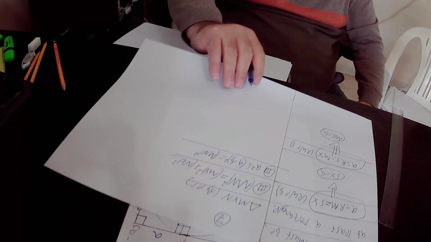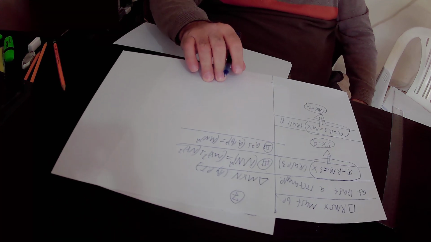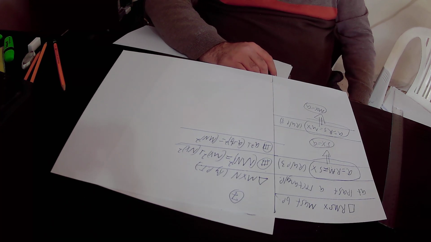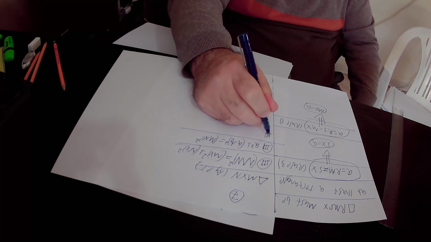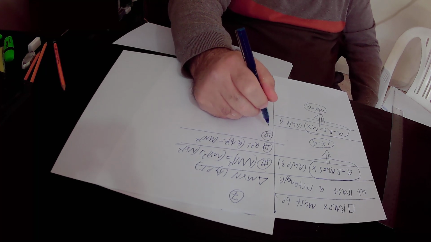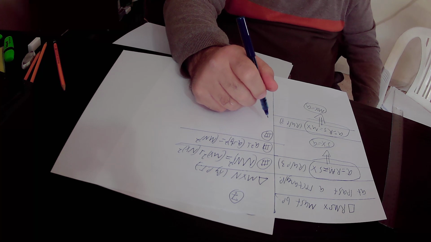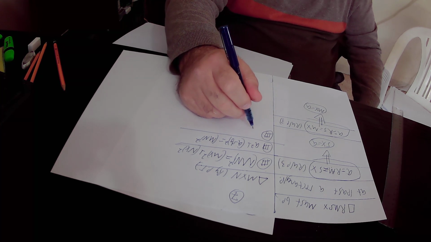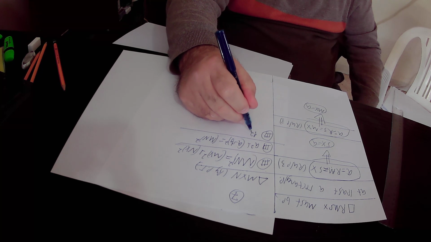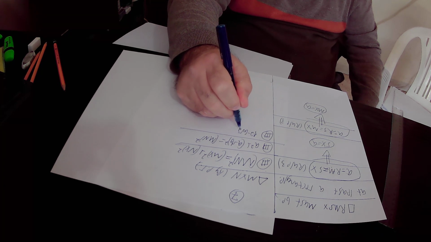I repeat again, according to equation number 3, a square plus (a plus b) square equals MN square. We have already found out that a equals 12 minus 6 times square root of 2.